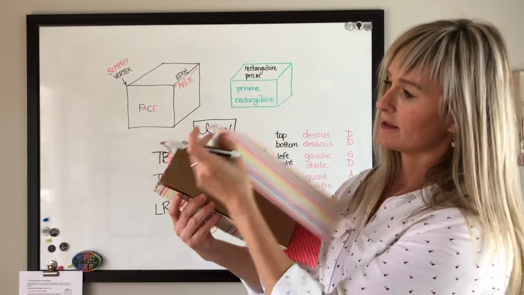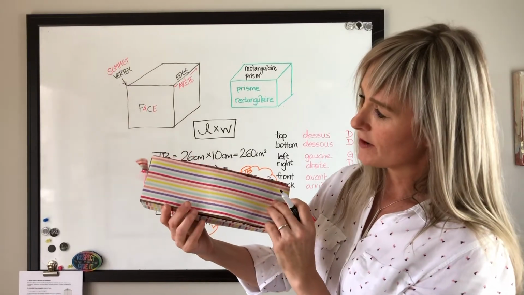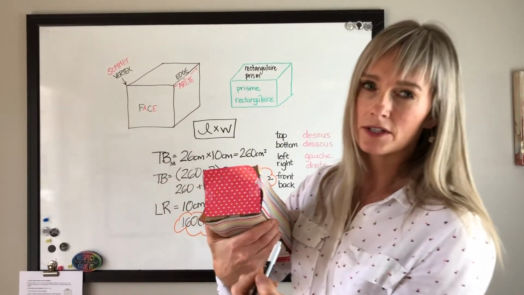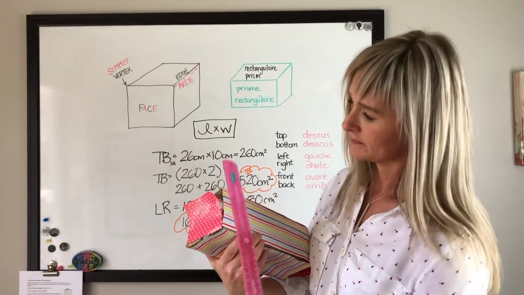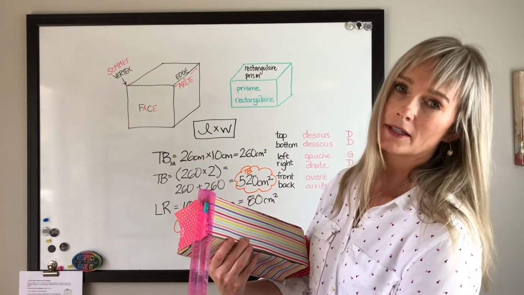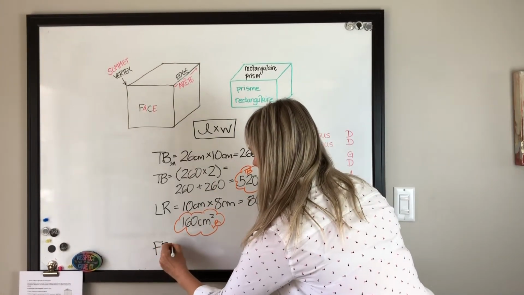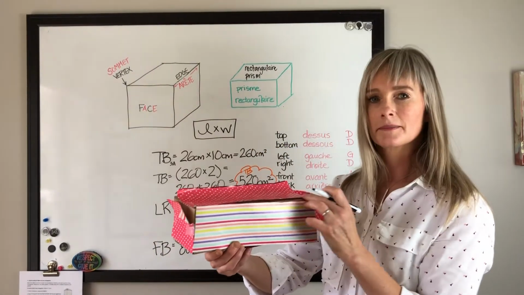So this guy is going to be smaller than the top and the bottom. So if we look at that front, one of these measurements should be the same as this guy. And that's a way you can check your work. And sure enough, when we measure the front, we're going to get 8 centimeters right here. So our front and our back will be an 8 centimeter. And then what do you think this will be?